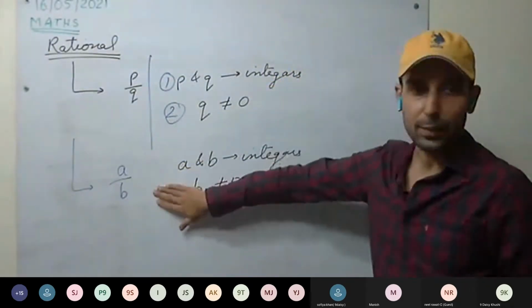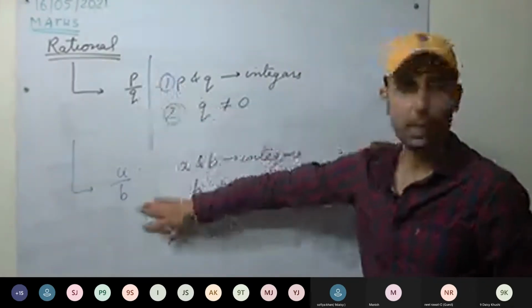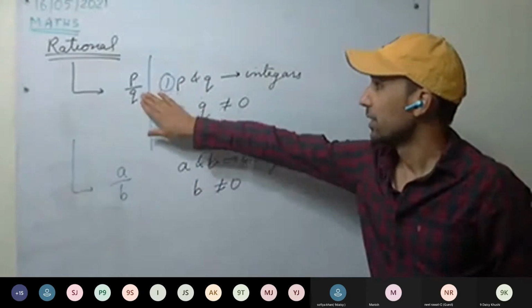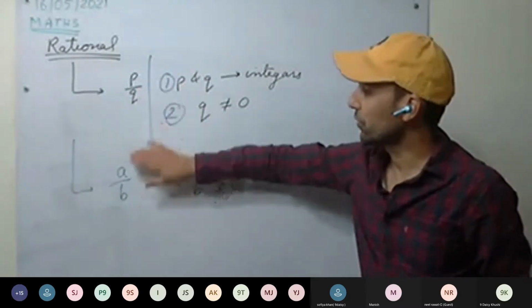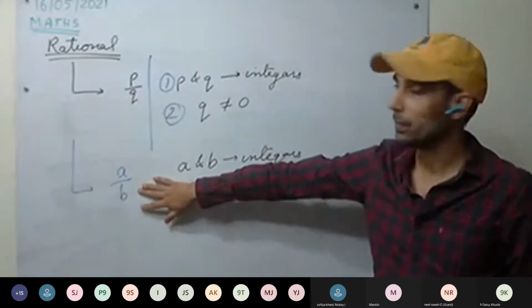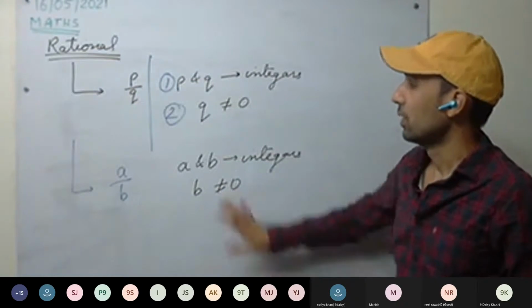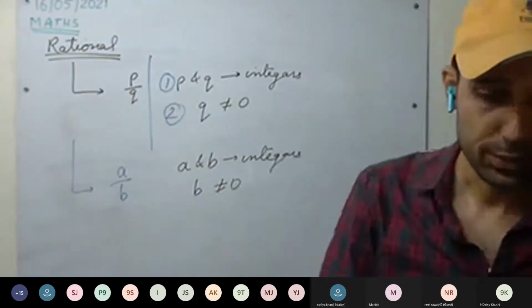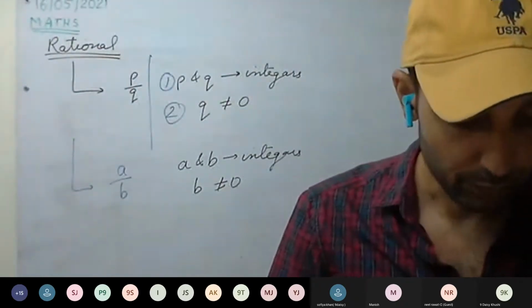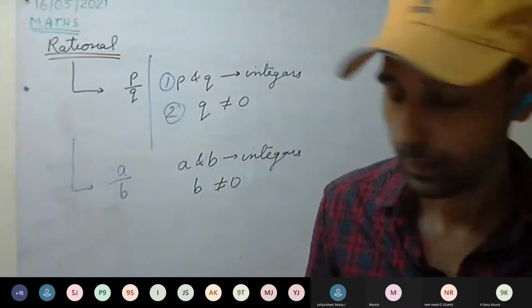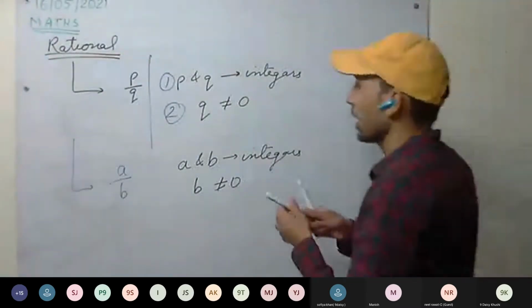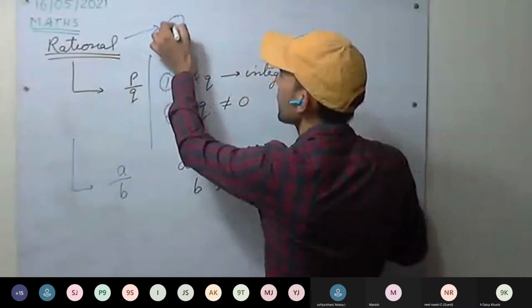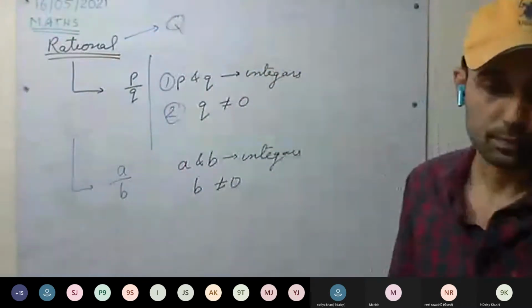So the definition is the same, P by Q or A by B. We have used only different letters to represent them. So the definition is clear. Please go through the definition once on your page number first, rational numbers. And we denote rational numbers with capital Q.